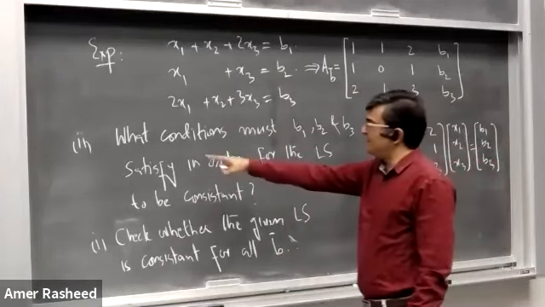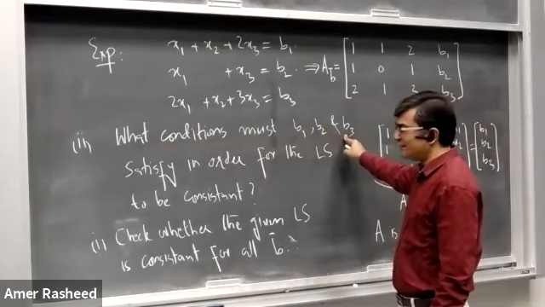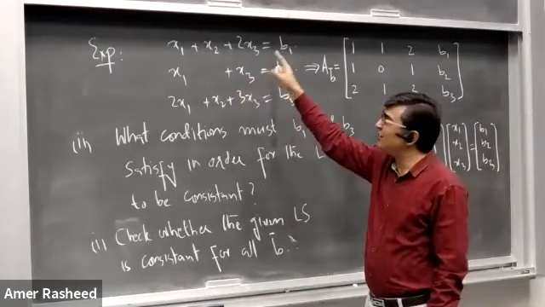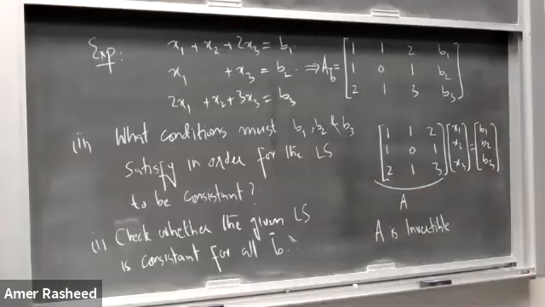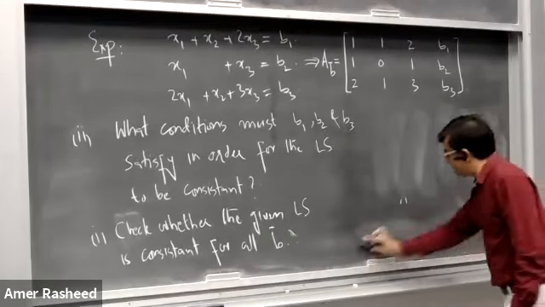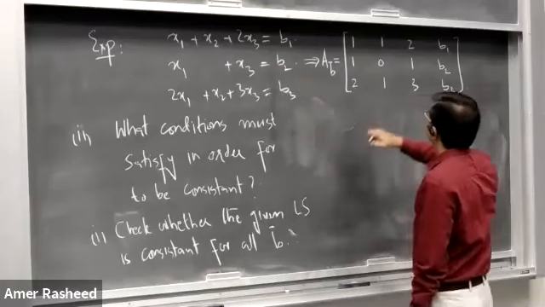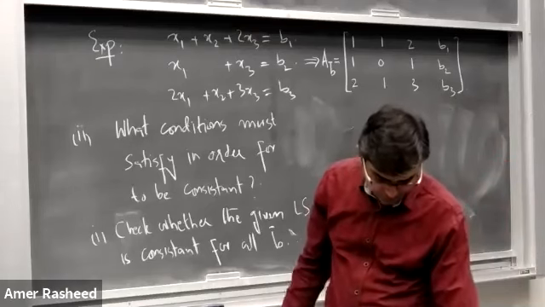Now, the second question is, under what conditions must B1, B2, B3 satisfy so that the given linear system becomes consistent? In that case, we are going to write the corresponding augmented matrix of the given linear system and try to reduce it into reduced echelon form.